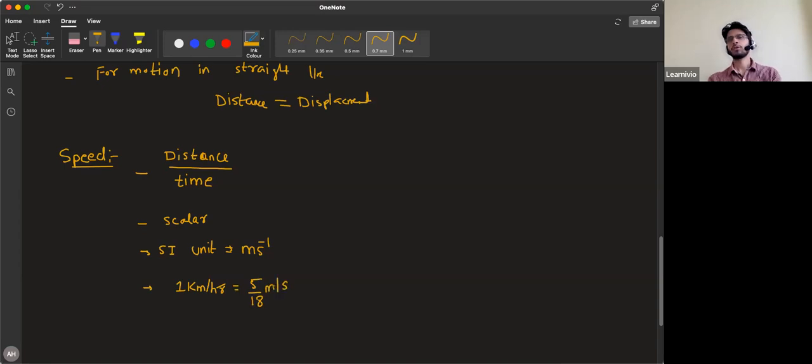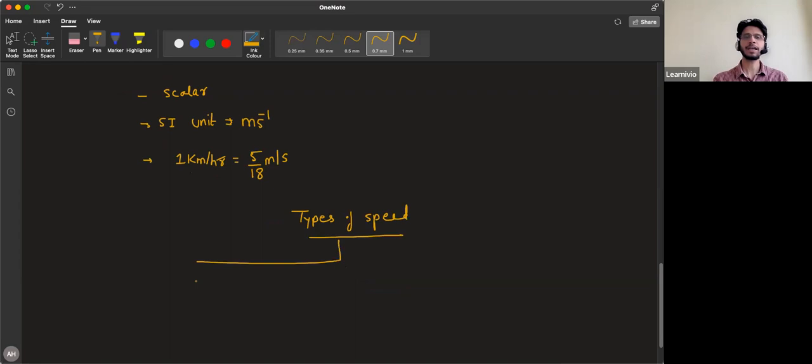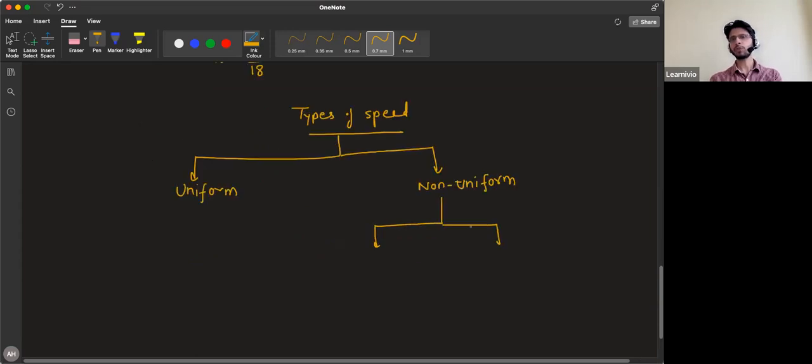That's speed. Now you can have types of speed. You can divide speed into two categories: speed can be uniform or non-uniform. Uniform speed means constant speed.